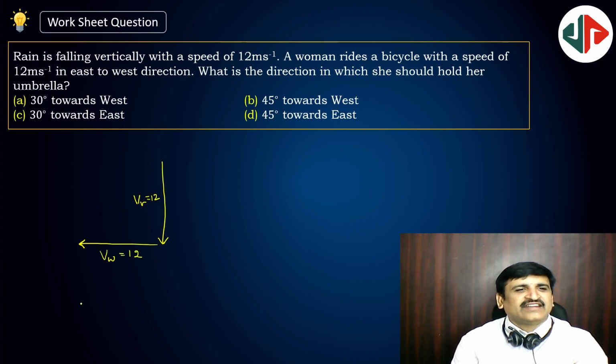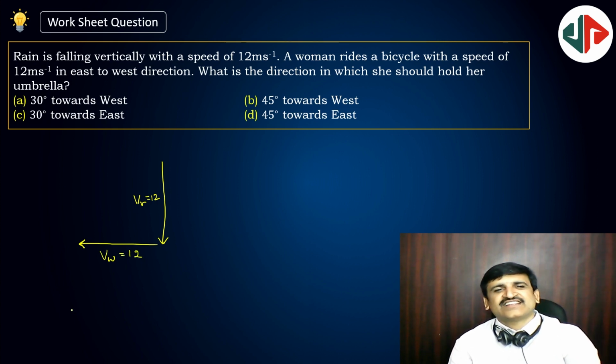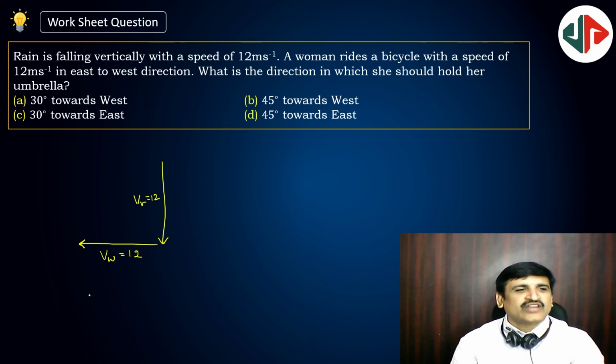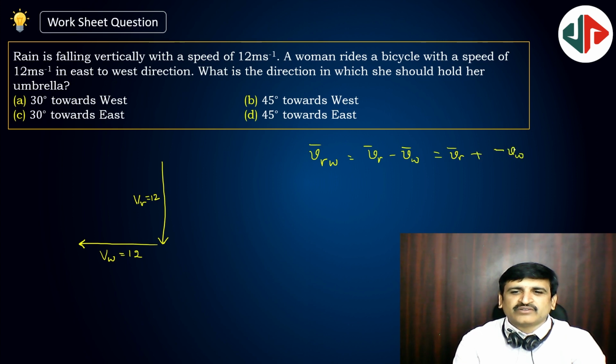Okay, and what is the direction in which she should hold her umbrella? Holding the umbrella is always in a direction relative to the woman actually. V of rain relative to the woman is nothing but VR minus VW. So you have to take minus VW.